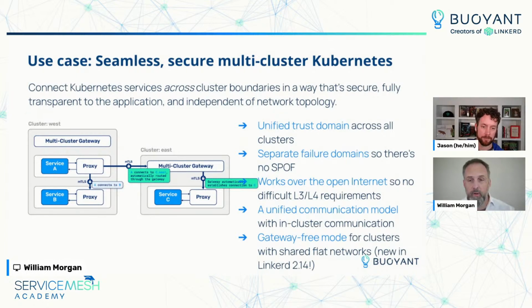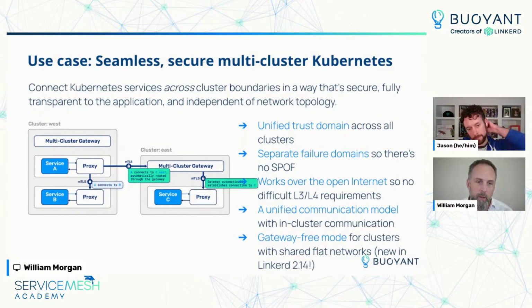Shared flat network basically means all the pods in those different clusters can route traffic directly to each other. They don't know about each other, and there's no service discovery being shared by Kubernetes itself. But if you give them an IP address, one pod from one cluster can talk to the IP in the other cluster. In that world, with Linkerd 2.14, we can give you that same safe and transparent level of multi-cluster communication, but we don't have to have the gateway.